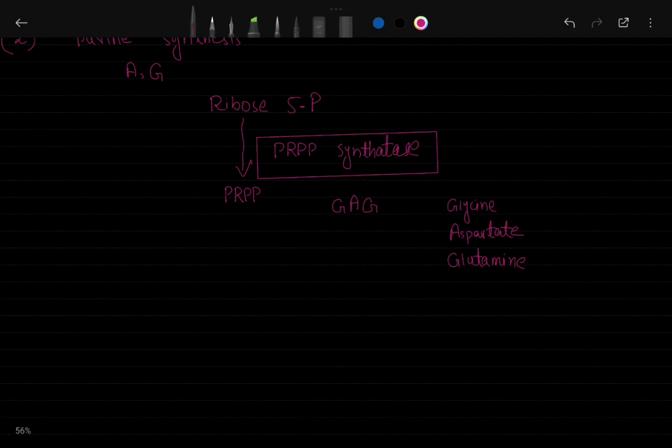The drug 6-mercaptopurine and its prodrug azathioprine act as fake purines. They inhibit the conversion of PRPP into the parent purine IMP. PRPP is converted into IMP, the parent nucleotide.